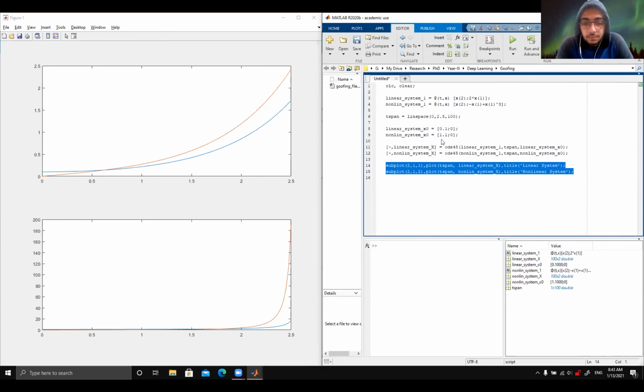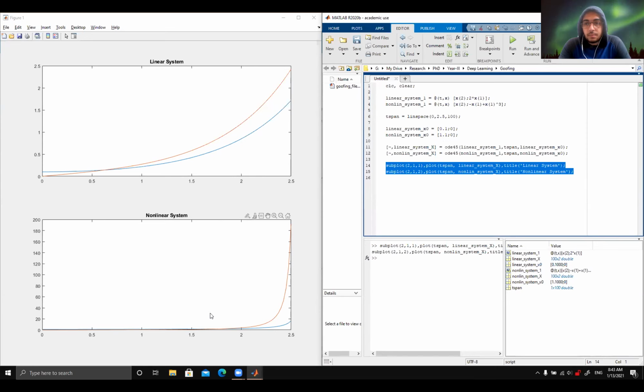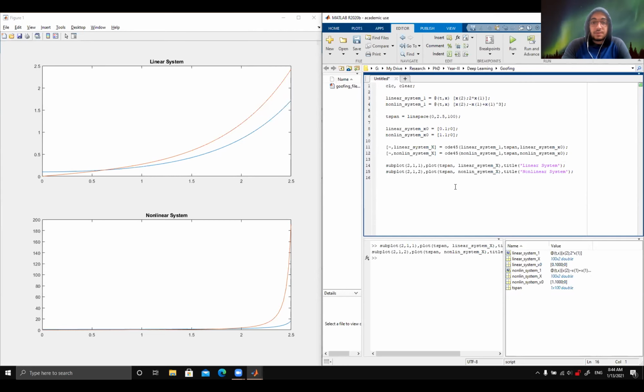We see that the nonlinear system blows up very quickly. It cannot continue beyond 2.5 seconds, or it blows up between 2.5 and 3. The first state goes to infinity, whereas the linear system can be simulated for further time. So this is the syntax that we use for ode45.